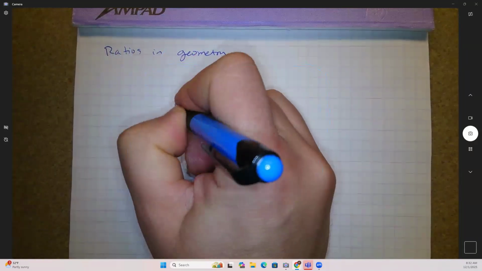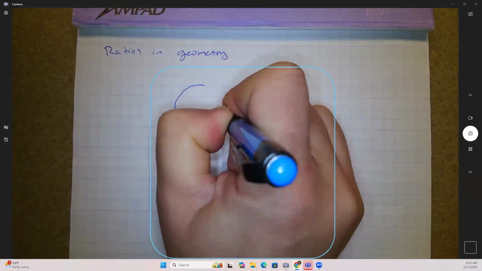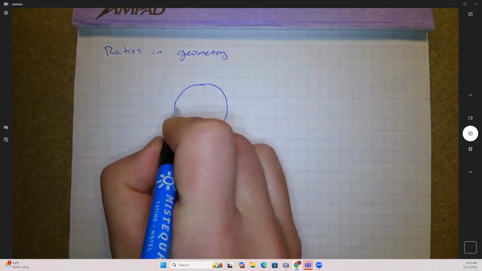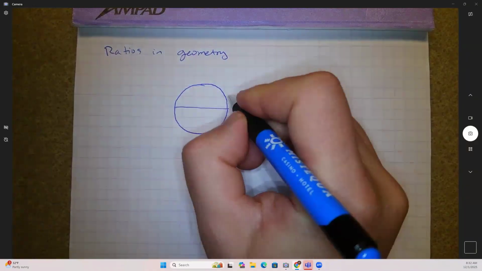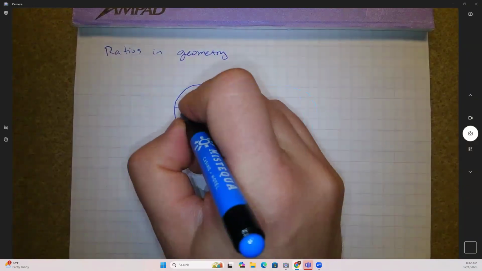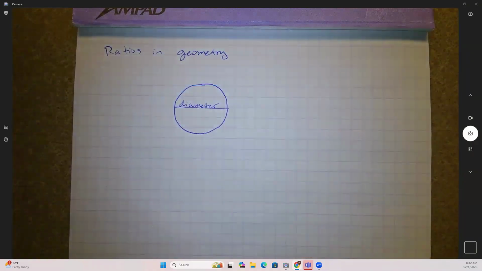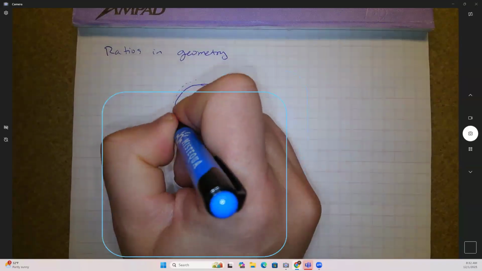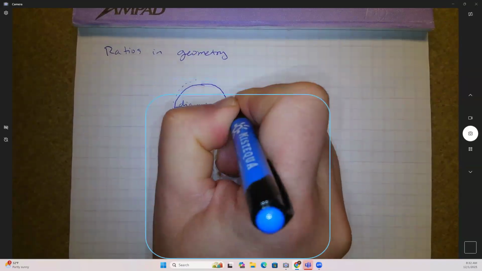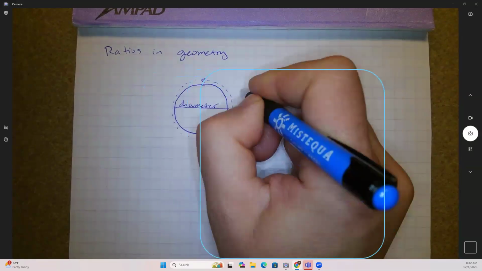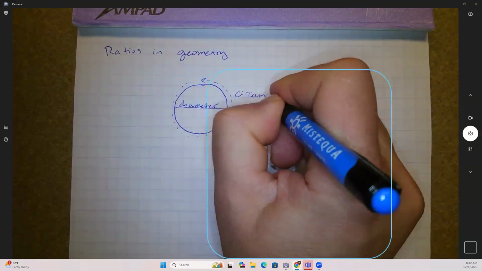So if we take a circle and we draw a line right through the middle, that's called the diameter. And if we imagine taking a walk all the way around, the distance we walk is called the circumference.